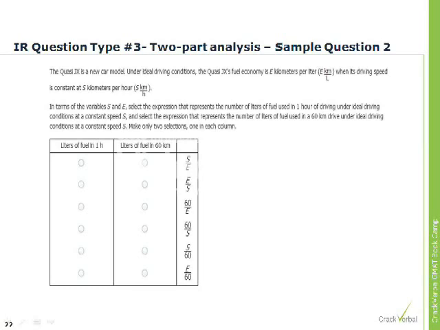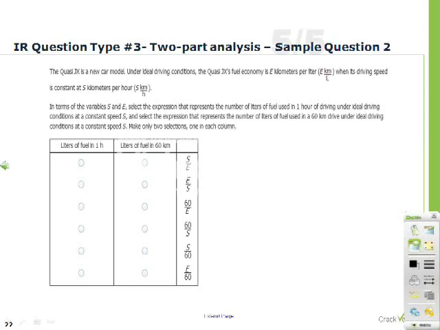Done? Ritesh? So, fuel economy is E kilometer per liter, right? And speed S is kilometer per hour, right? So you need to find liters of fuel in 1 hour.